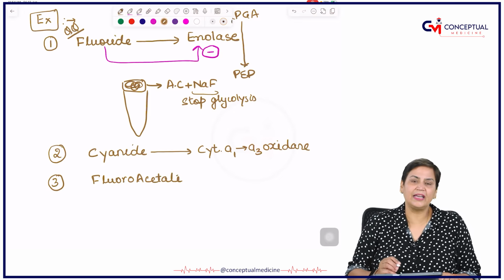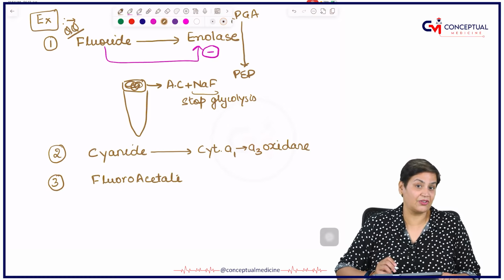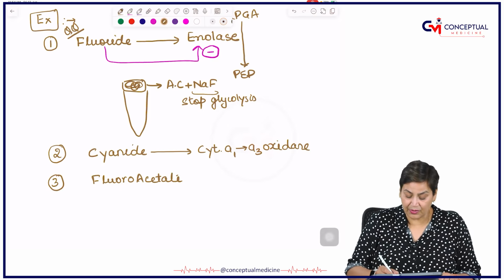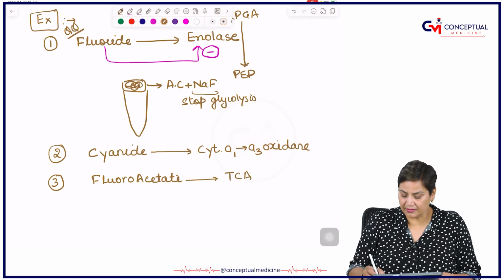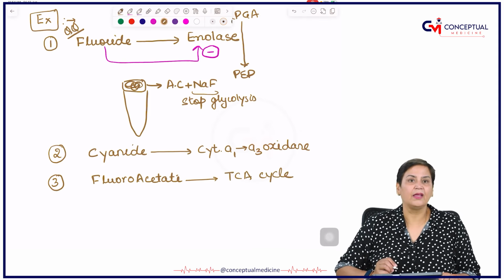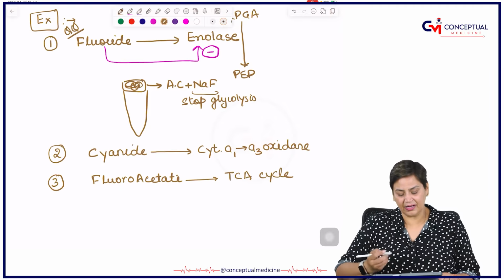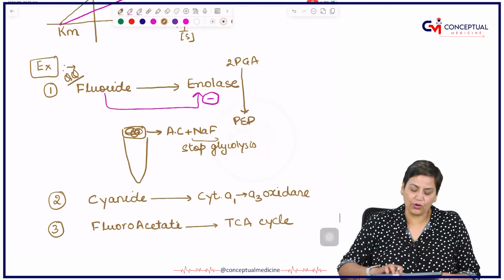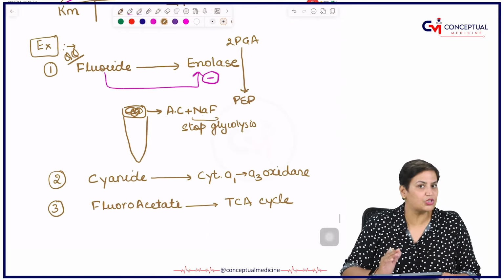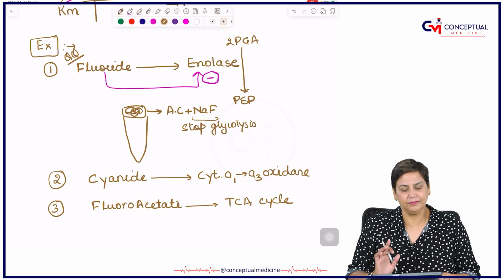Fluoroacetate resembles oxaloacetate in structure, so fluorocitrate will be produced. So again it is going to affect the TCA cycle. So these are another example of this irreversible, or you can say non-competitive inhibition, which is most commonly irreversible.